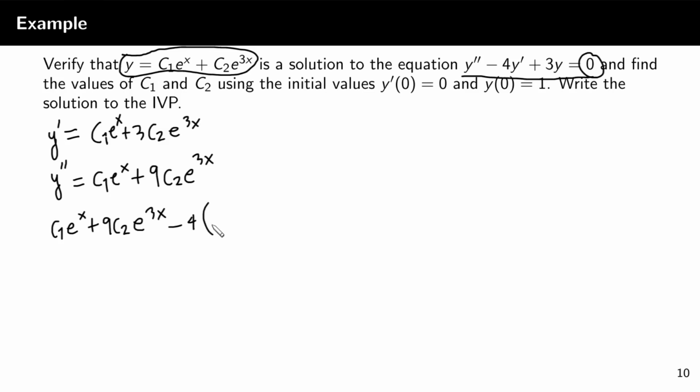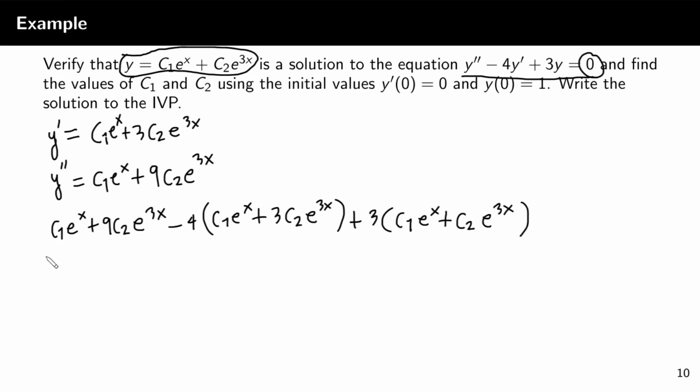So c sub 1 e raised to x plus 3 c sub 2 e raised to 3x plus 3 times y. This is our y. So c sub 1 e raised to x plus c sub 2 e raised to 3x. So when we simplify this, we should get 0.